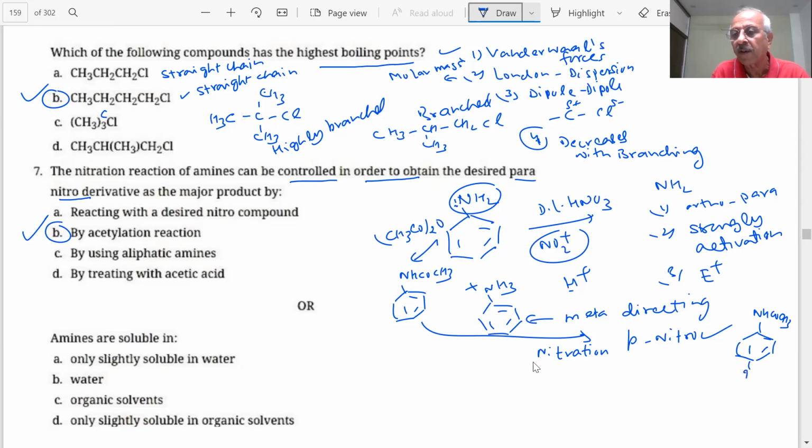If I do the nitration and then you react back with acid to get back the para-nitro. See, so acetylation is done so that you can get pure ortho para.